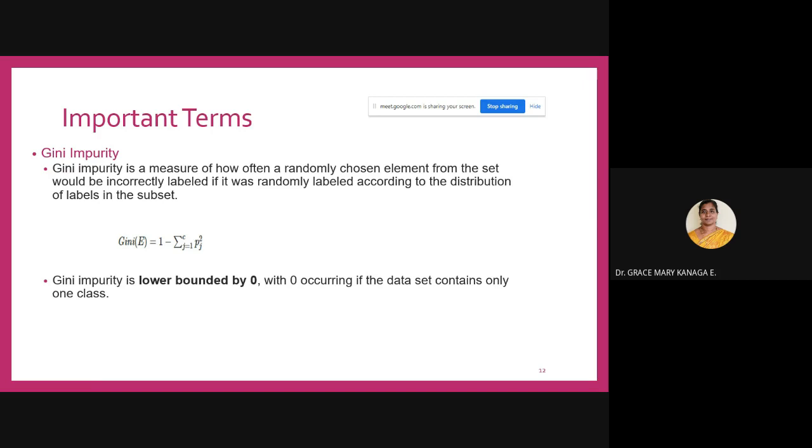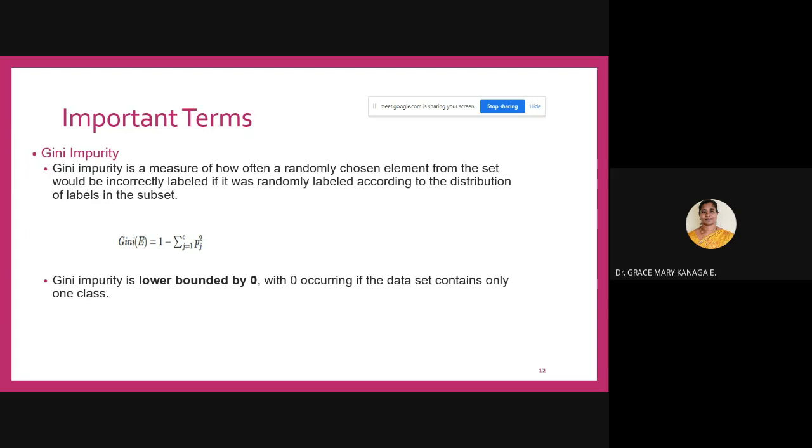This particular metric is used to check the purity. How to calculate it? G(E) = 1 minus summation from j=1 to C of (Pj) whole squared. This is how we calculate the Gini index.